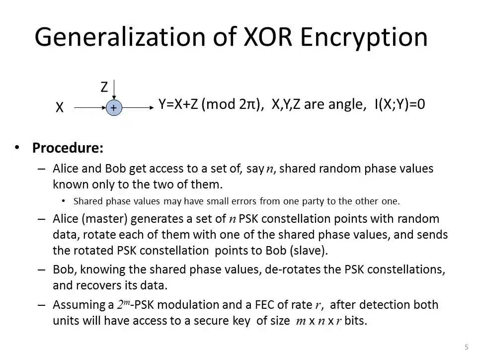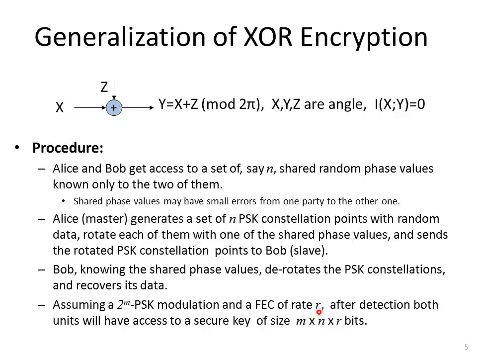So the bits that are mapped by Alice to these PSK constellations pass through a forward error correcting code of rate r to enable subsequent error correction, which will correct the small phase mismatches in the original shared phase values, and also the noise that is present in the channel in the process of that transmission.